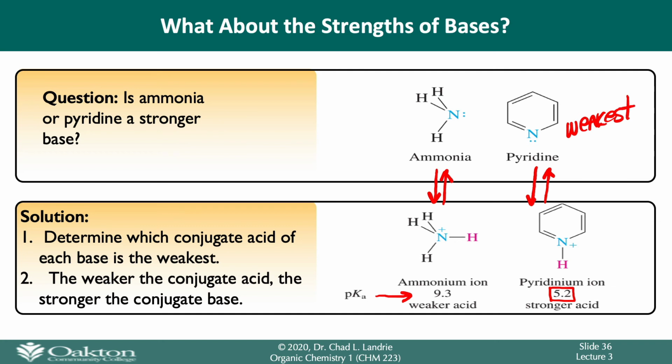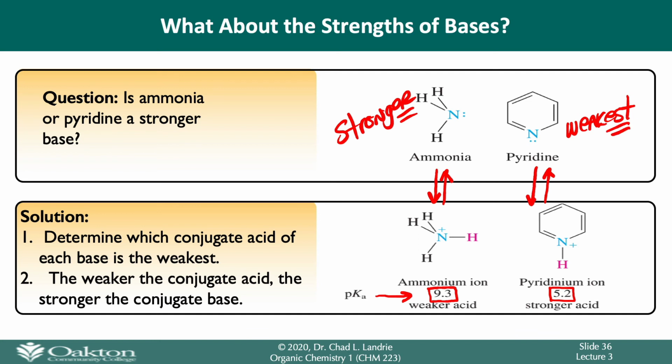We could state the corollary differently, right? We could say the weaker the conjugate acid, the stronger the conjugate base, right? And that helps us see that the ammonium ion is a weaker conjugate acid, right? Higher pKa, and therefore ammonia is the stronger conjugate base. Again, be careful. These are relative terms, stronger and weakest.